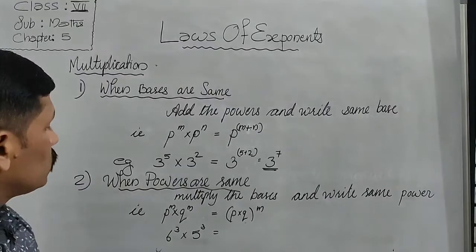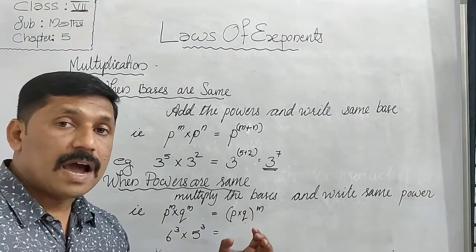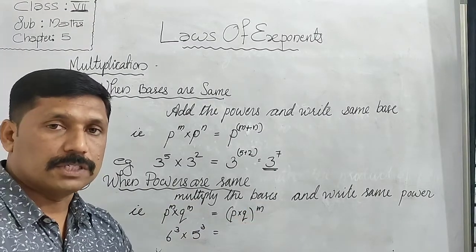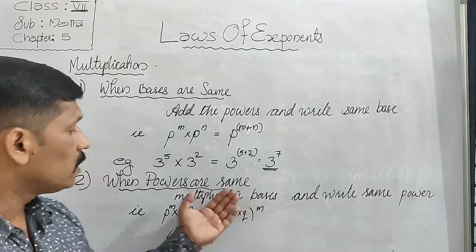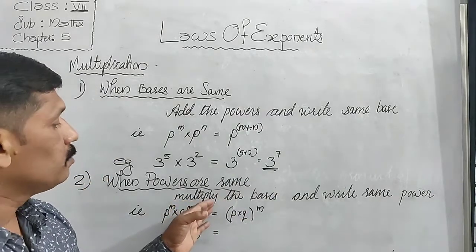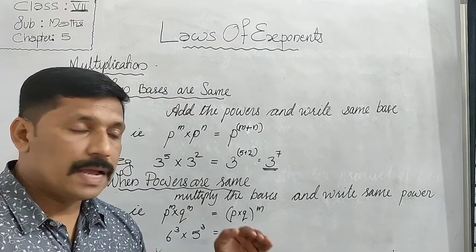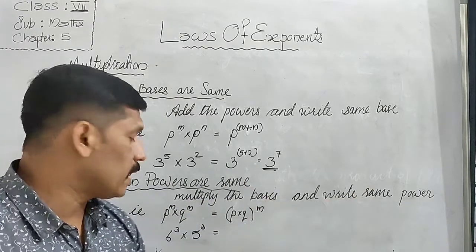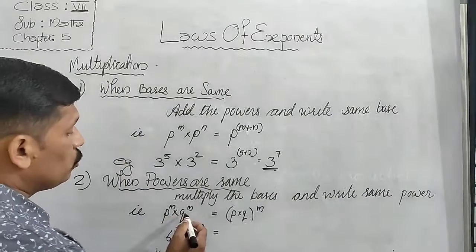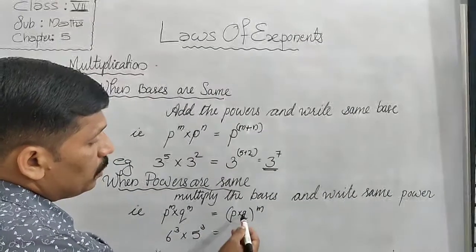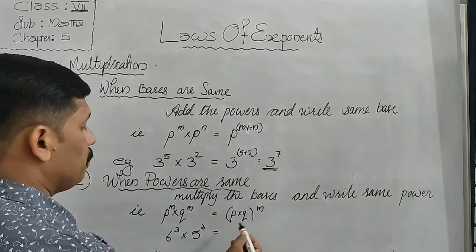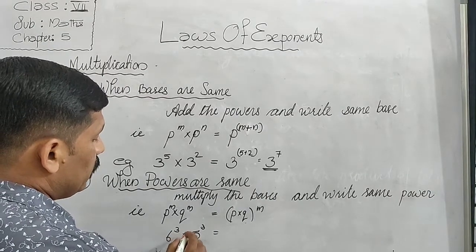And the second rule is when the powers are the same and the bases are different, just the opposite. In this case, we multiply the bases and write the same power. Example, p power m into q power m is equal to pq all power m. That means 6 power 3 into 5 power 3.